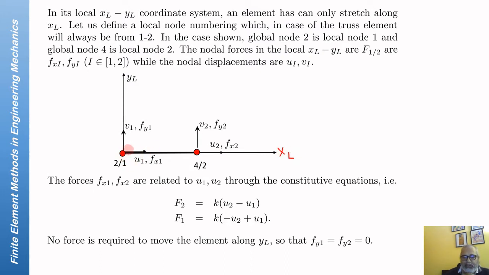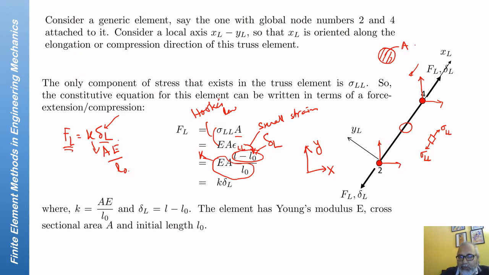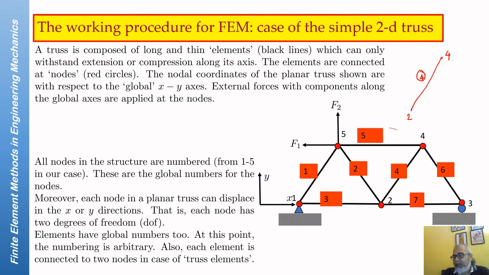So remember, this is node 2 in the global numbering system. This is node 4 in the global numbering system. But now I do a local numbering as well. So the local numbering will be the same for every element. Remember, every element in this mesh is connected to two nodes.